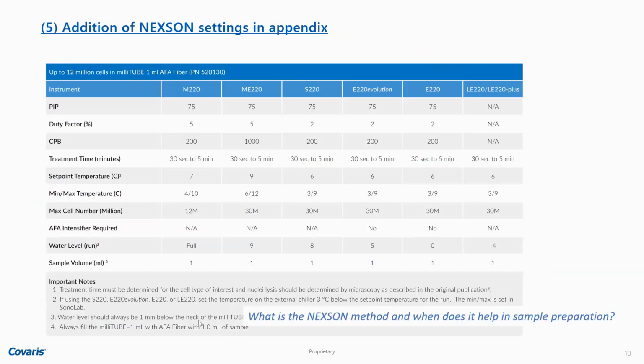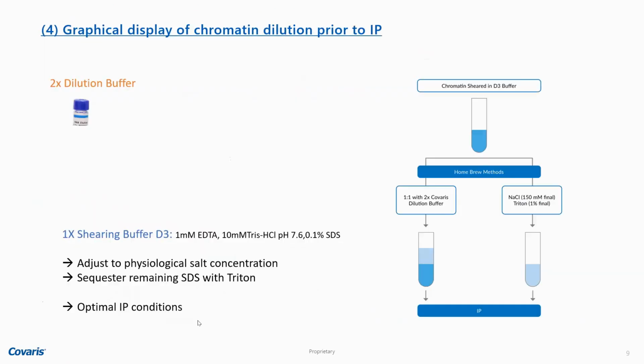The next thing that we did is that we already implemented the 2x dilution buffer into the kit recently. This buffer is needed because the buffer D3, in which we perform chromatin shearing, still contains 0.1% SDS, which needs to be sequestered with Triton.